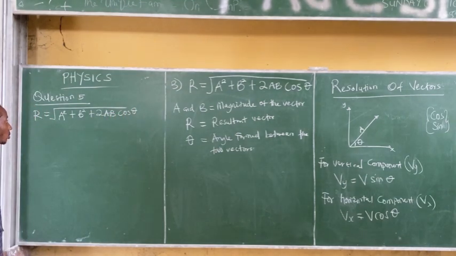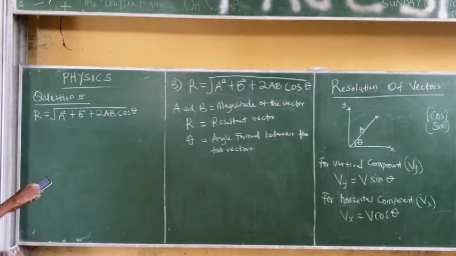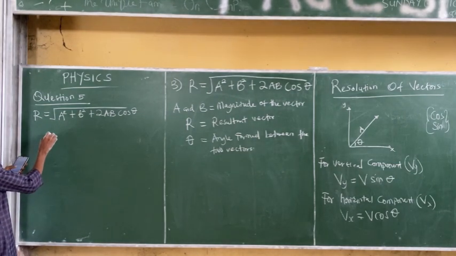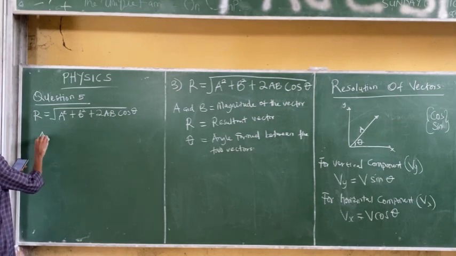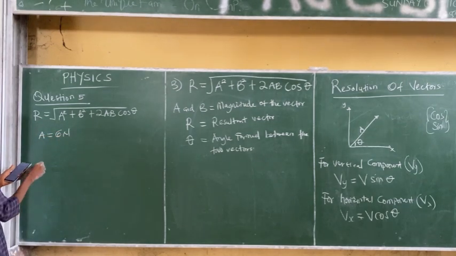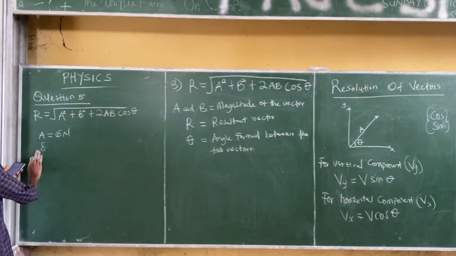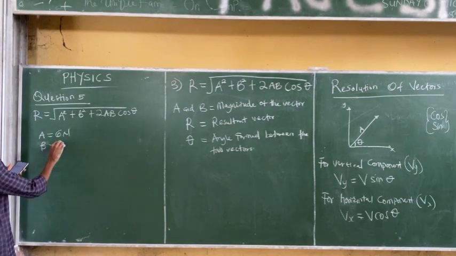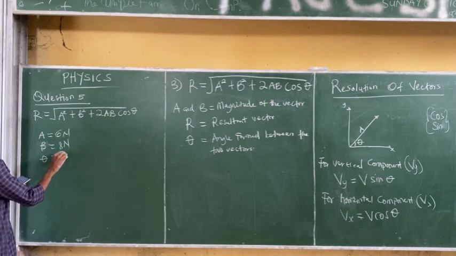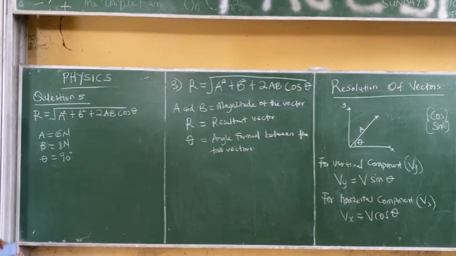Now from the question, the magnitude of the first vector A is 6 newtons. That of the second, B, is 8 newtons. And they say they act at right angles, so theta here is 90 degrees.